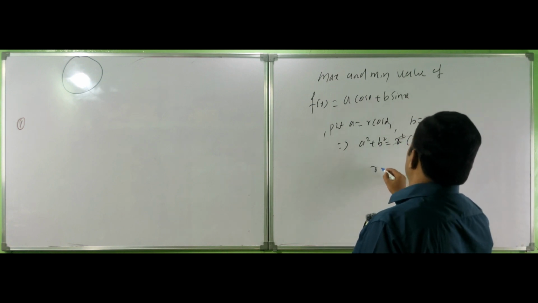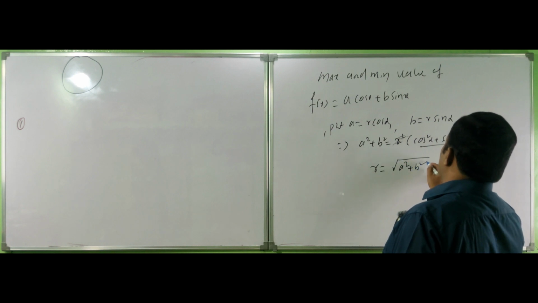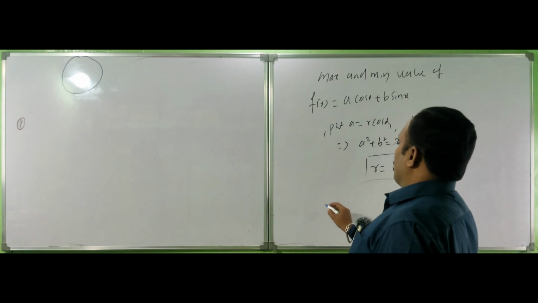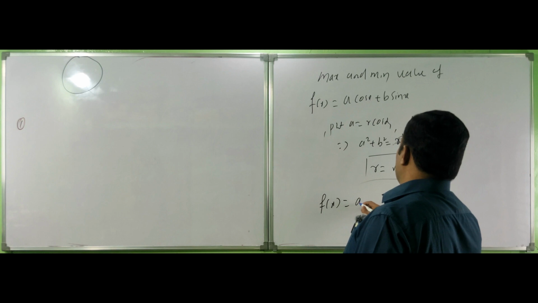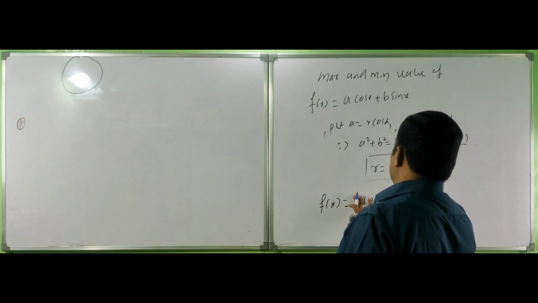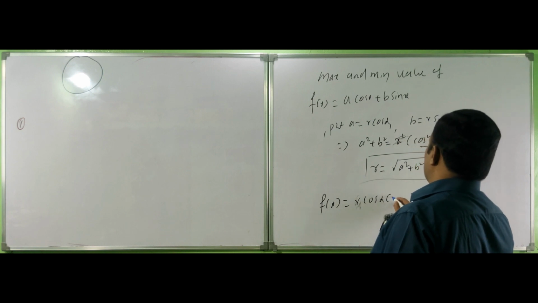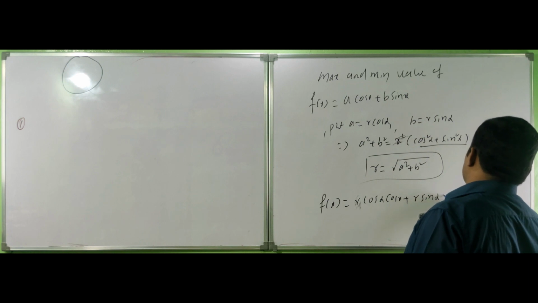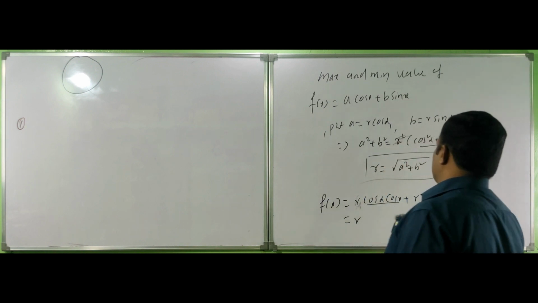Therefore r becomes the square root of a square plus b square. By definition, f of x is equal to r cos alpha cos x plus r sin alpha sin x, and taking r common gives cos alpha cos x plus sin alpha sin x.